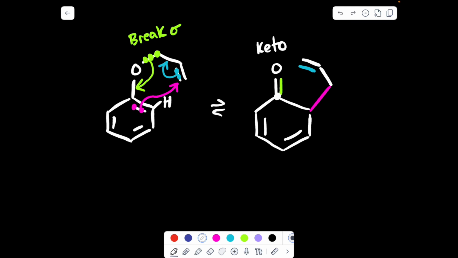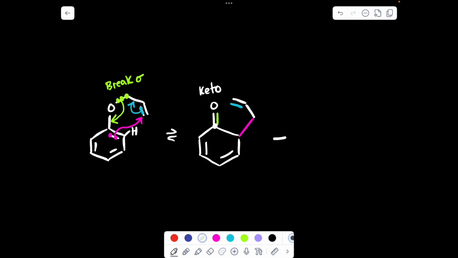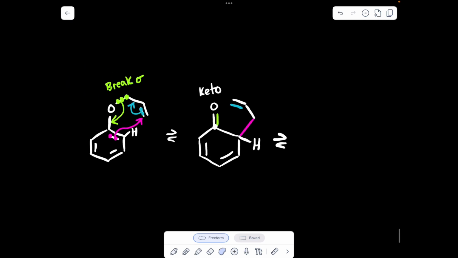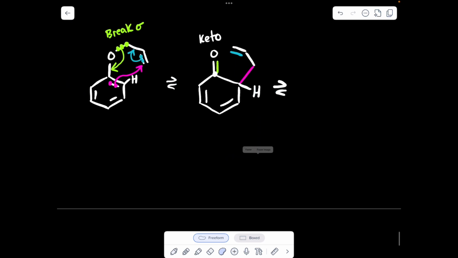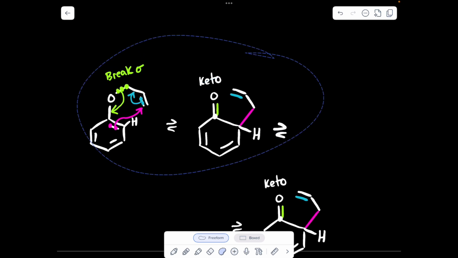group, and a keto can tautomerize to the enol form, just like the enol can tautomerize to the keto. So if I do my shimmy, shimmy, shift in the opposite direction, well, there's a hydrogen here. So the hydrogen, I'm going to copy and paste this. And let's draw out the shimmy, shimmy, shift that I'm referring to.